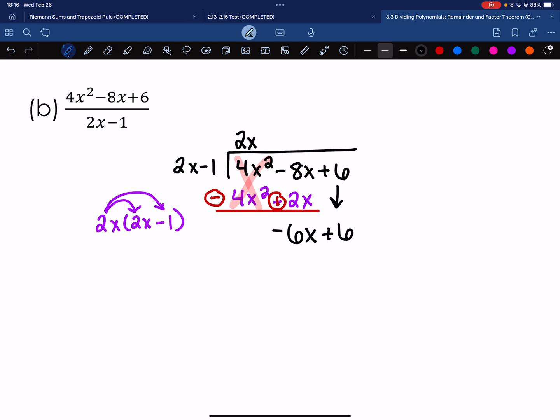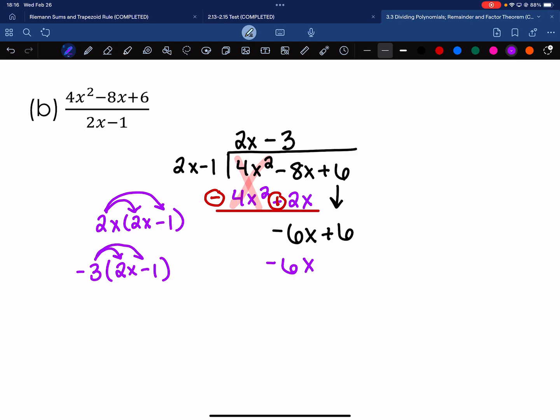And you repeat the process again. So now you ask yourself, what do we multiply 2x by to get a negative 6x? Negative 3. Because we want it to be the exact same. So over here off to the side, negative 3 times 2x minus 1. Negative 3 times 2x is negative 6x.